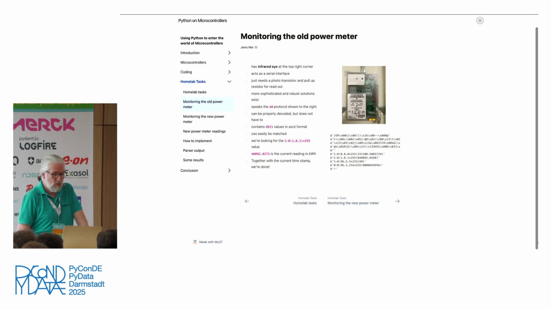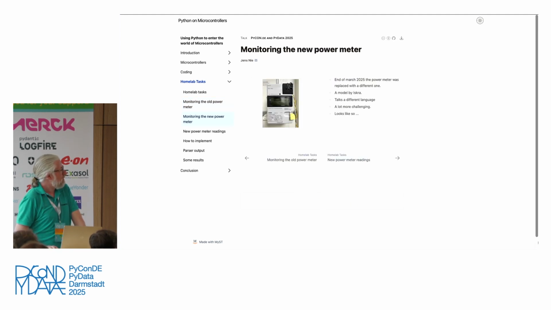There is this 40,000-ish value, and that's the value in kilowatt hours at that very specific point in time. So all you need to do is match these patterns with a regular expression, or search for it, then parse it, and store it with a time step. That's it.